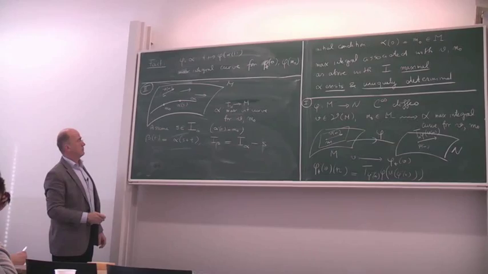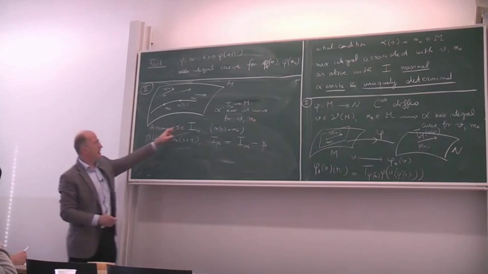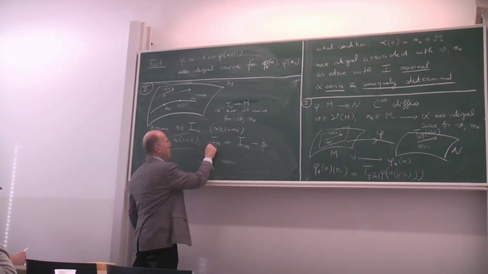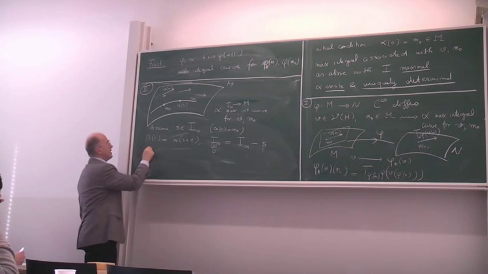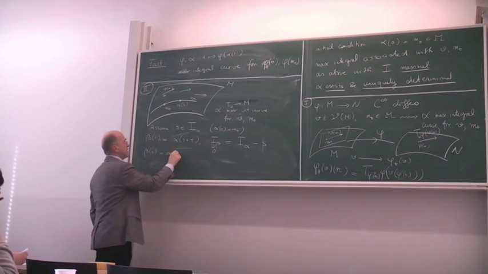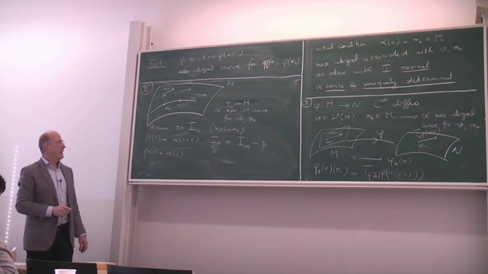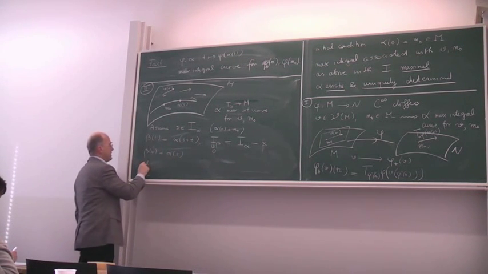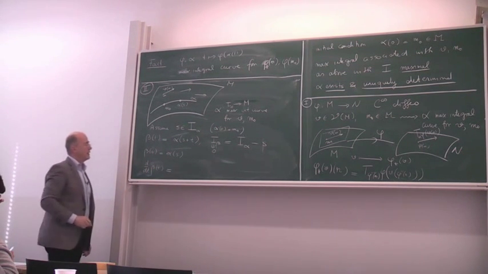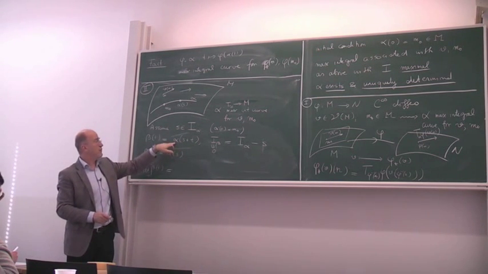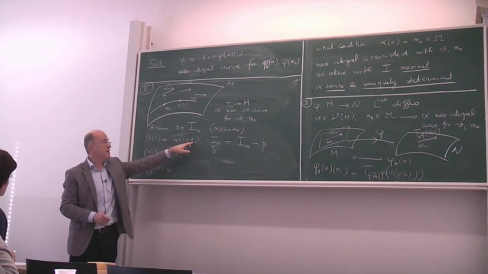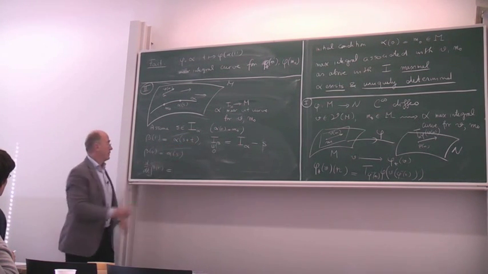Is that right? Since S is an element of I alpha, 0 will be an element of this interval. And if we look at beta of 0, then we get alpha of S. And if we take the derivative, d/dt of beta of t, then it's really d/dt of this, and we can apply the chain rule, so we get the derivative of alpha times the derivative of S plus t with respect to t, which is 1.